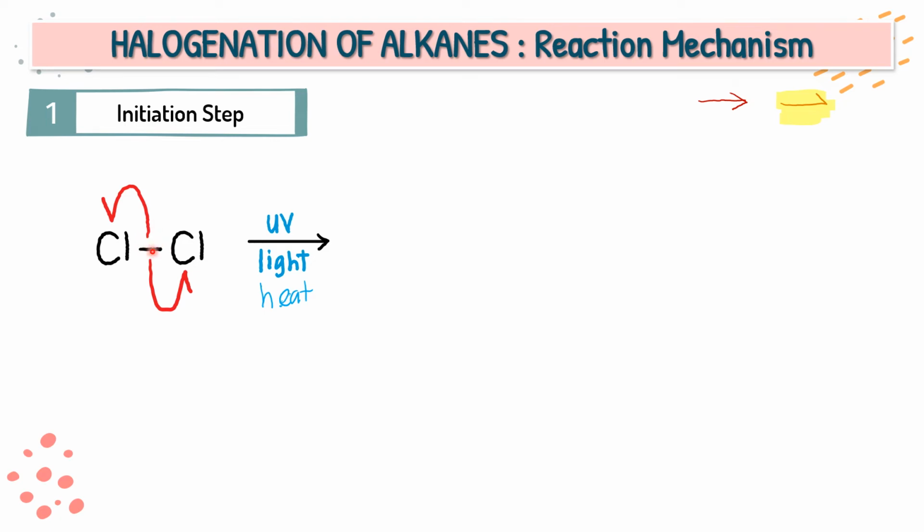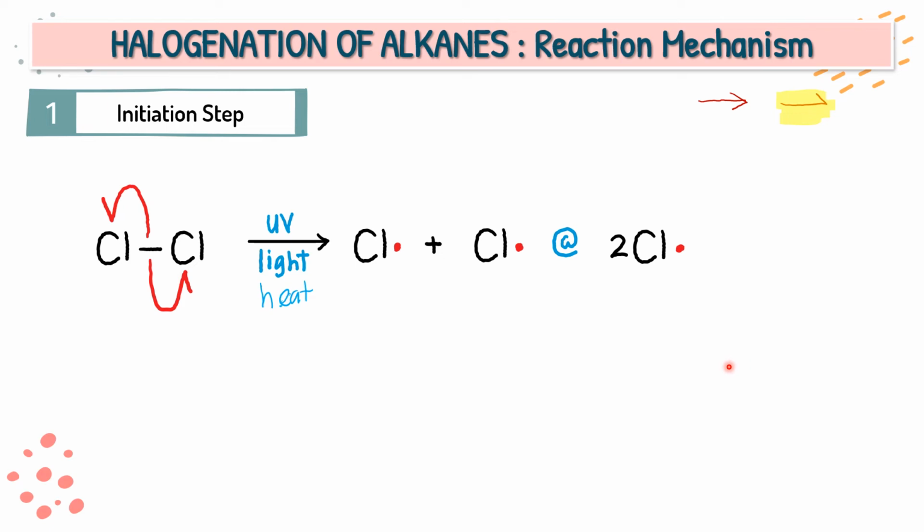If you draw it closer to the bond, even better. Now, the product you will get is 2 chlorine radicals, or you can write it like this, 2 Cl radical. So this is the first equation for the initiation step.